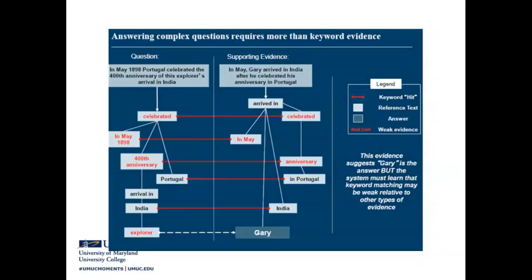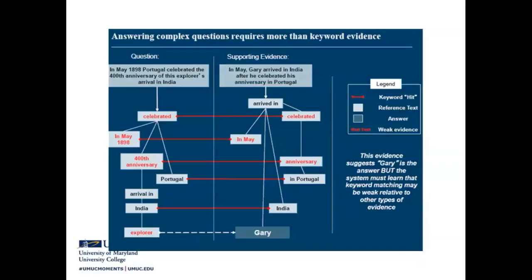With the same keyword search you do in Google, it appears, let's say, 100 references, and you have to use inference and apply other knowledge to get your answer. If you do a simple keyword search, here is a very nice example about the celebration of the 400th anniversary of the explorer who arrived in India.